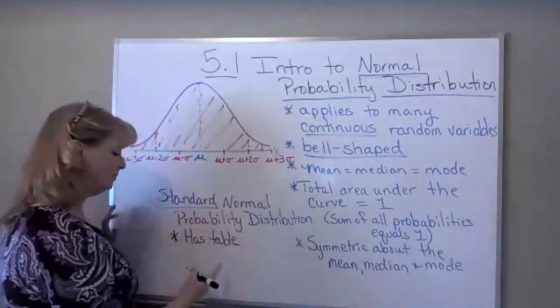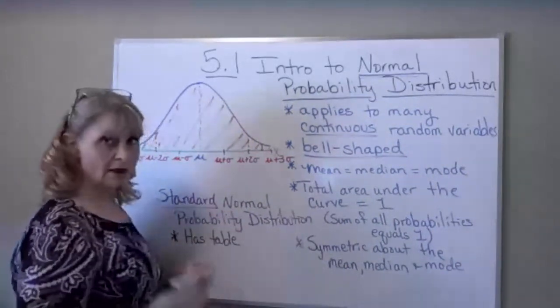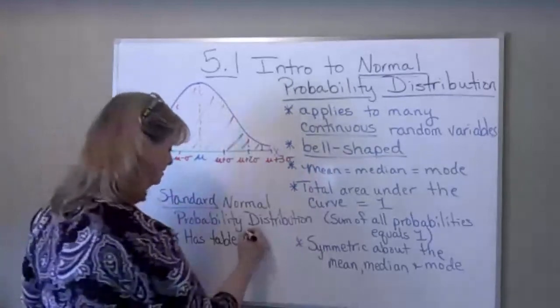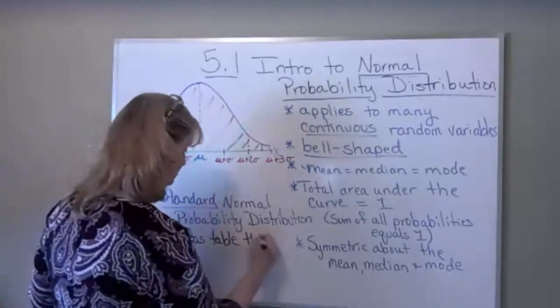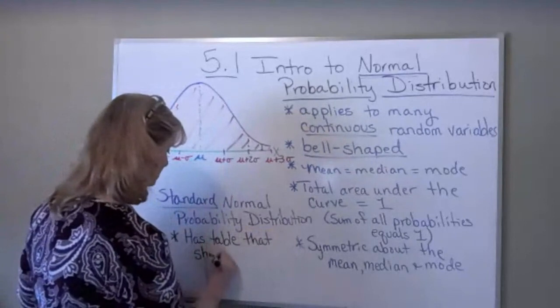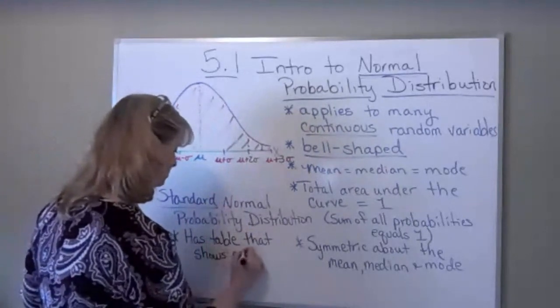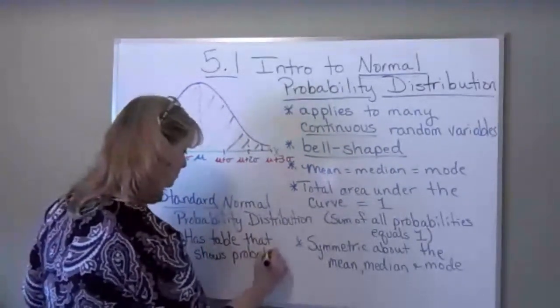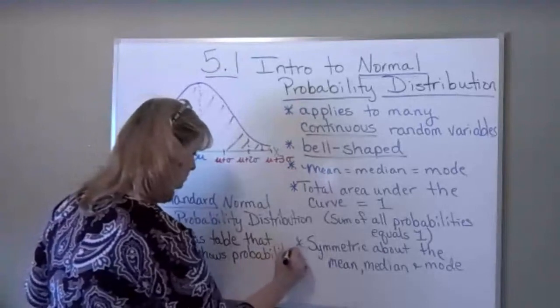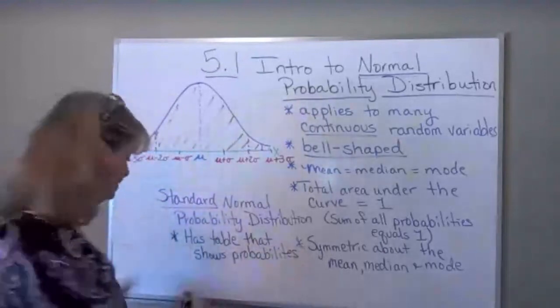So we're going to have a table. It has a table that represents the probabilities to the left of a z-score.